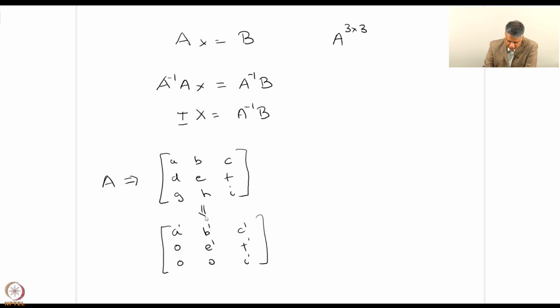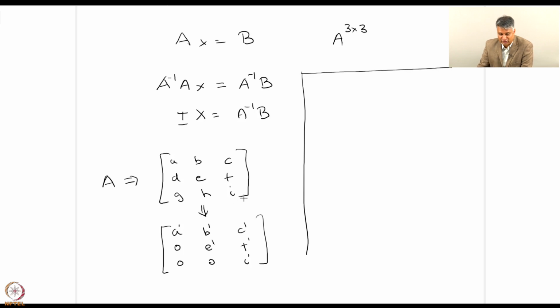We do some algebraic transformation through rows and columns. I won't go into the details of this because you have probably learned it in a linear algebra course. Then you go through the process of pivoting, the process of back substitution, and so on and so forth. What we are really interested in is how many mathematical operations we need to make this transformation.